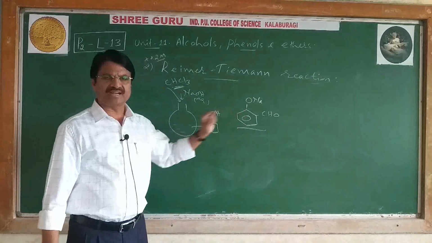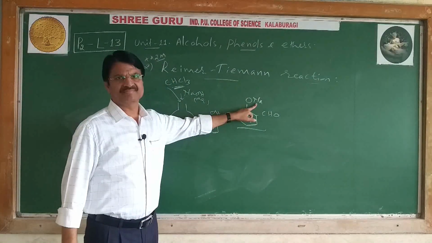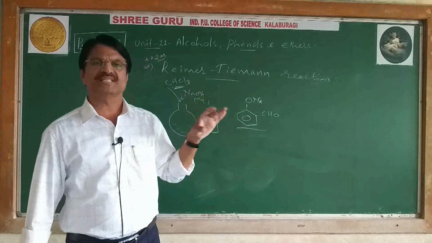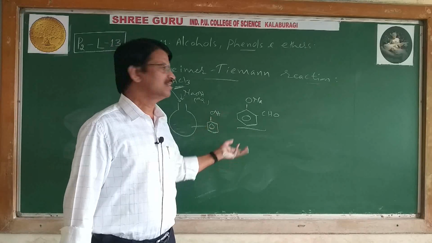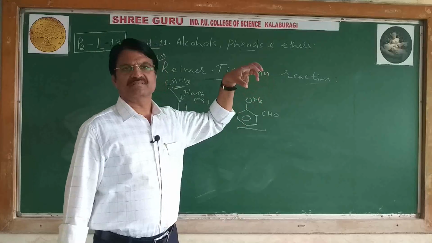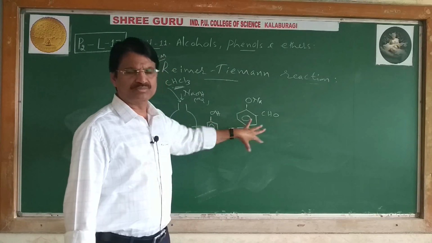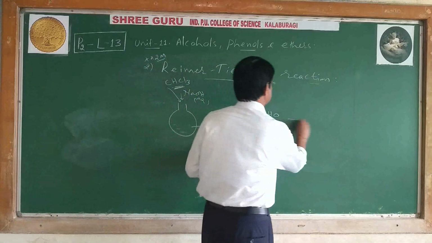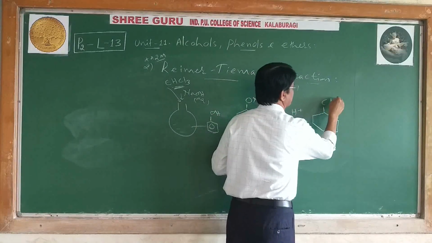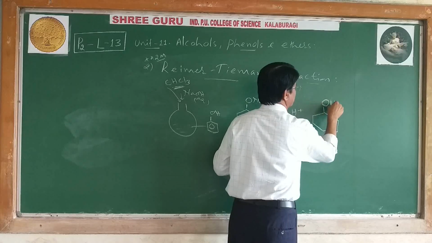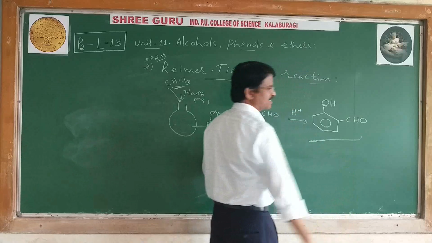Finally, to replace this Na+ by H+, simply add dilute HCl, or acidify using a mineral acid like dilute sulfuric acid or dilute hydrochloric acid. We can convert the sodium salt of salicylaldehyde into salicylaldehyde. This is the major product.